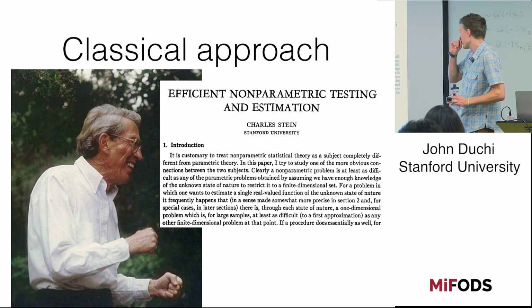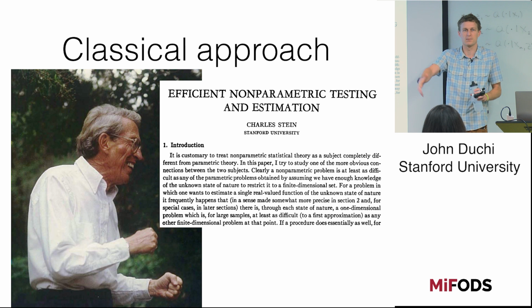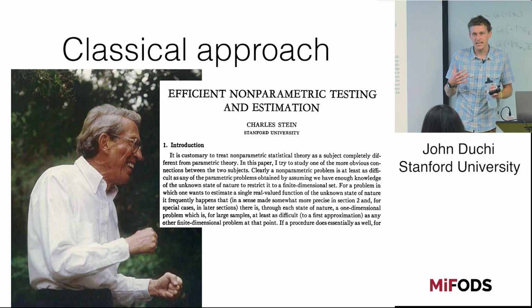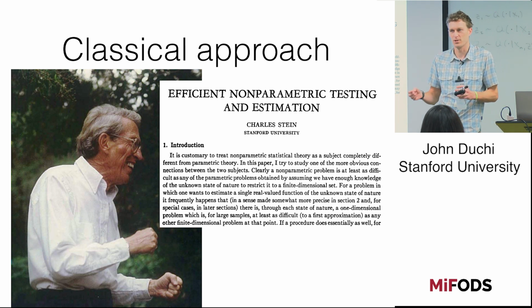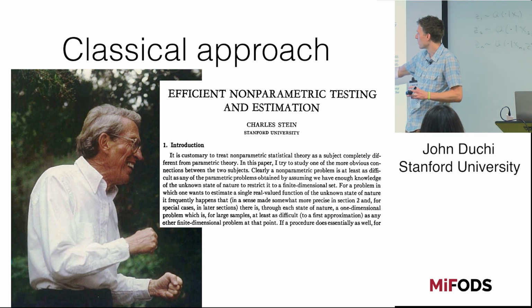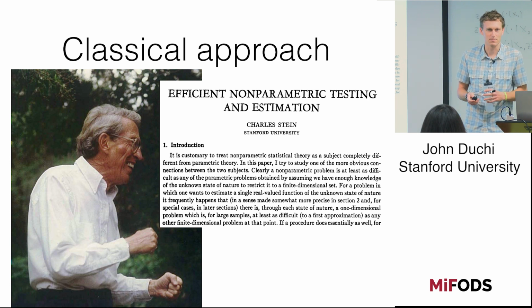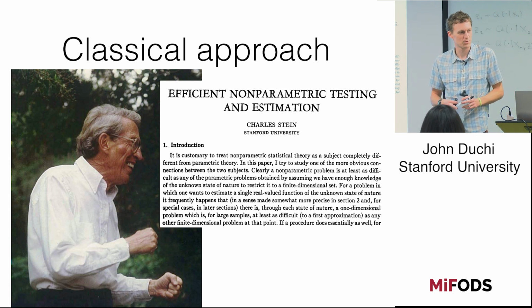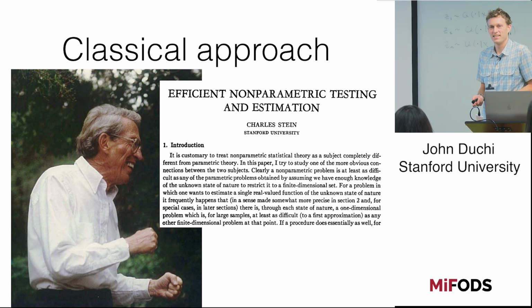Then it is often the case that there is a one-dimensional problem, not some kind of infinite-dimensional population problem, but a one-dimensional problem that is at least as difficult as the whole problem you care about. So you can reduce hard, maybe potentially infinite-dimensional problems, if all you care about is one function, to one-dimensional optimization or estimation problems. Right? So we're going to take this idea and run with it.